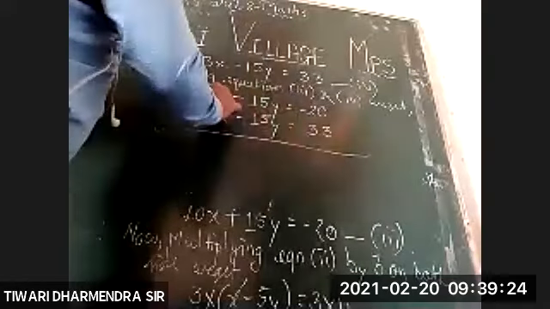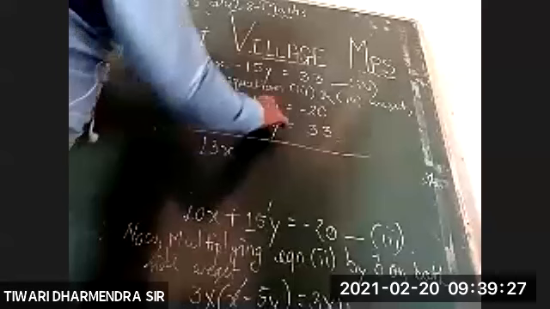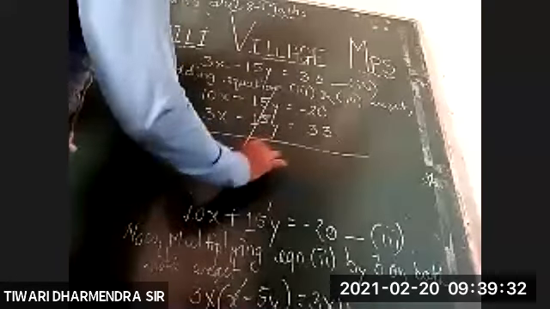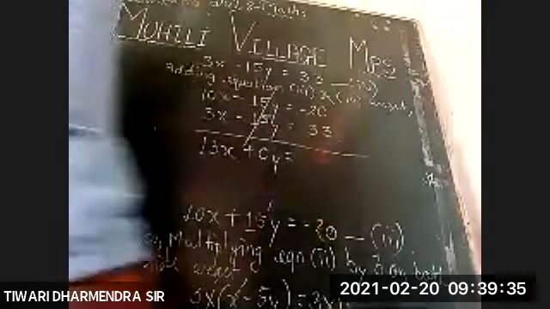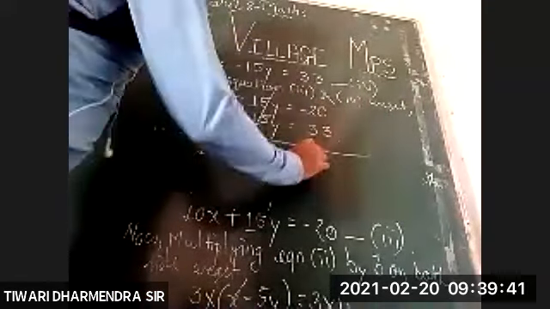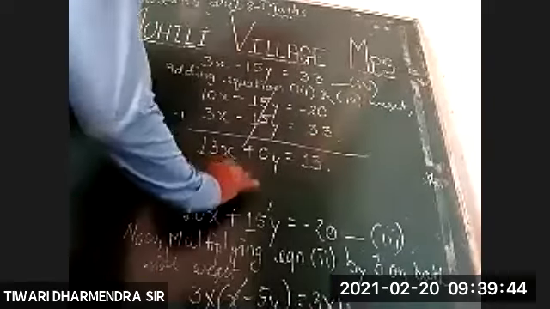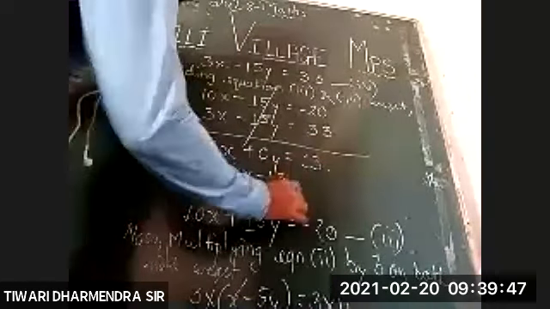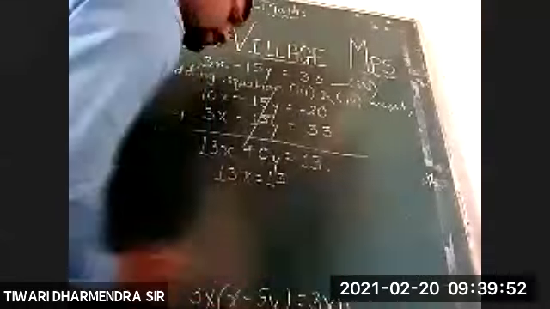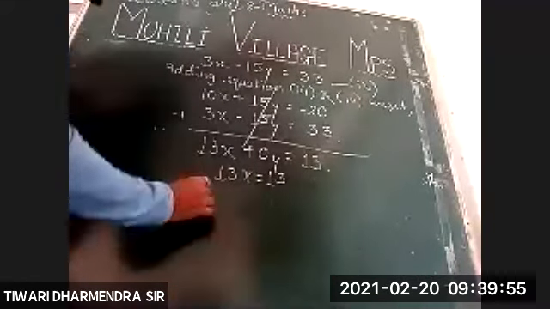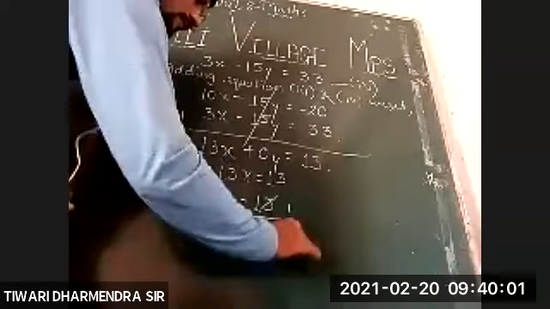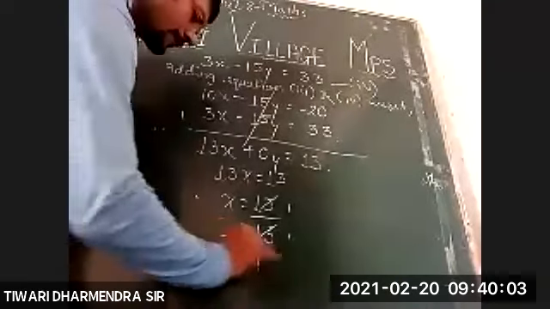Just add them. This is 13x. The terms with opposite signs get cancelled, so plus 0y is equal to 33 minus 20. As we are adding, there will be no change in sign. 33 minus 20 is 13. So 13x is equal to 13. Therefore x is equal to 13 upon 13. Therefore the value of x is equal to 1.